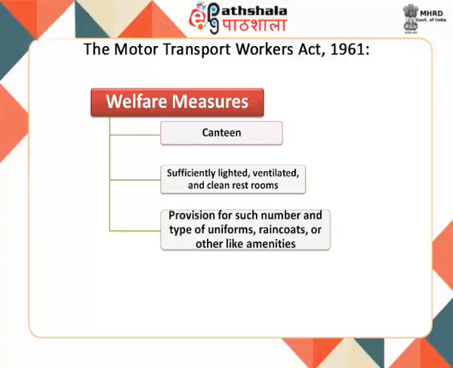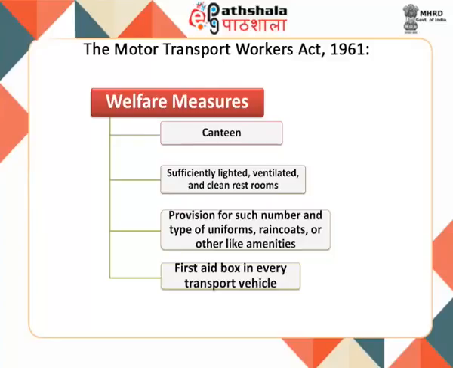Provision for such number and type of uniforms, raincoats, or other like amenities to drivers, conductors, and line checking staff for protection from rain and cold. Washing allowance for uniforms shall also be paid to them unless the arrangements for washing of uniform have been made by the employer at his own cost. 4. First aid box in every transport vehicle. 5. Medical facilities for workers at halting stations and operating centers.